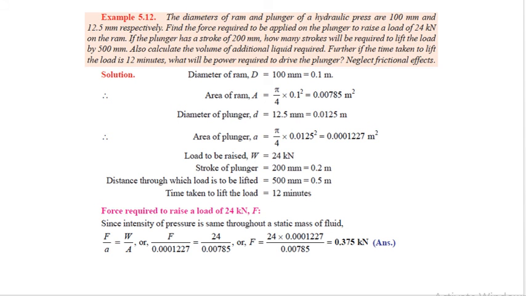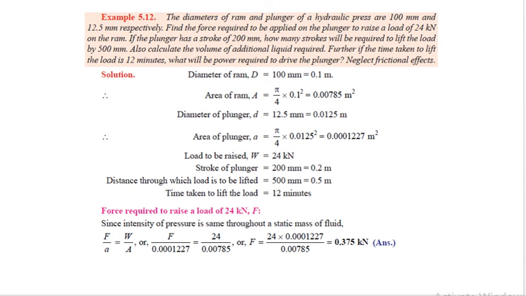So diameter is given. You can calculate area of the ram. Diameter of plunger is given. With the help of this, you can calculate area of the plunger. Load you have to raise is 24 kN. Stroke of plunger is given, that is 200 mm. Distance through which load is to be lifted is 500 mm and time taken is 12 minutes.